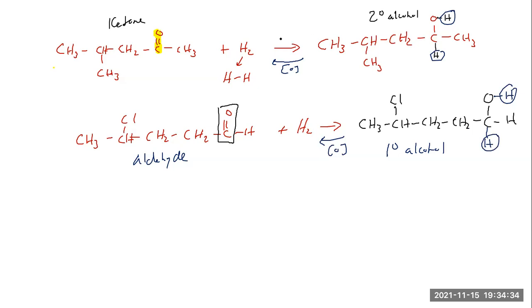So again, reduction and oxidation are opposites of each other. In this case, between ketone and aldehyde, adding H2 does the reduction reaction for each of them, and removing H2 does the oxidation reaction for each of them. Any questions on either of those there?